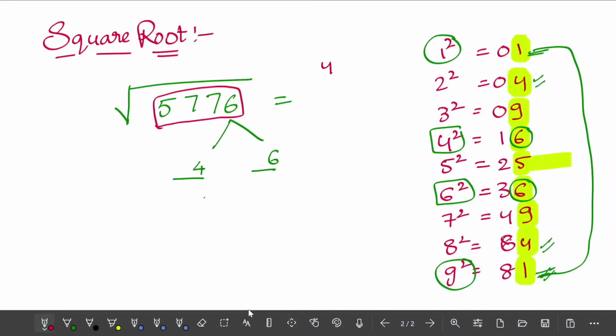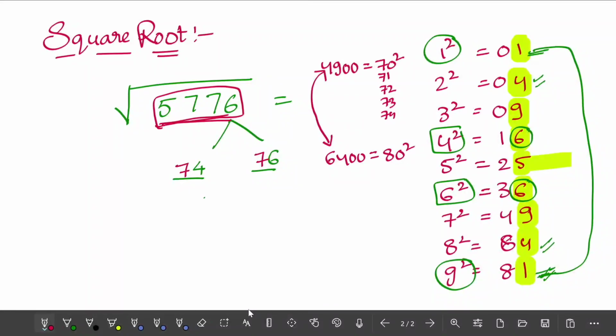This lies between 4900 and 6400. 4900 is nothing but 70 squared. 6400 is nothing but 80 squared. And what numbers lie between 70 and 80? 71, 72, 73, 74. So this number must be a square of either 74 or 76.